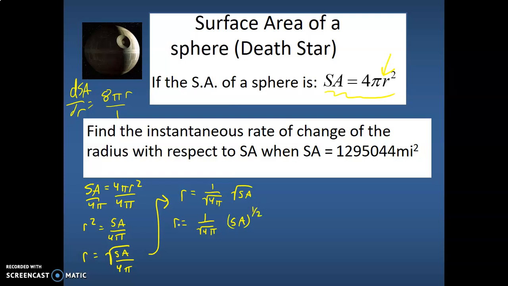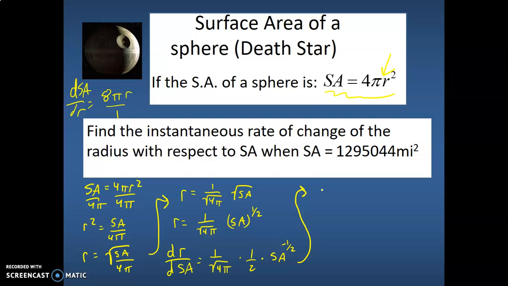So if I want to take the derivative of the radius with respect to surface area, then I'm going to take the derivative here. This is just a constant, so it stays out front. 1 over the square root of 4 pi times 1/2 times SA to the negative 1/2 now.